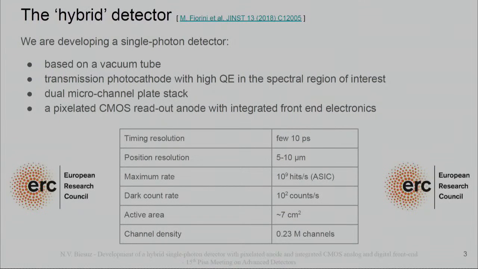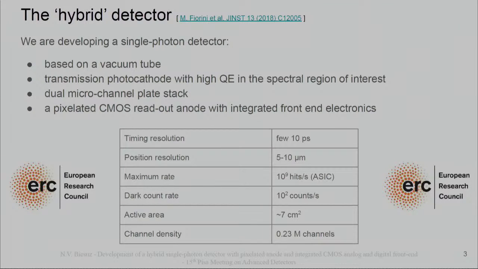The hybrid detector was proposed by Massimiliano Fiorini, and it won an ERC grant, so we are funded using an ERC. We are trying to develop a single photon detector based on a vacuum tube with a transmission photocathode with high quantum efficiency.